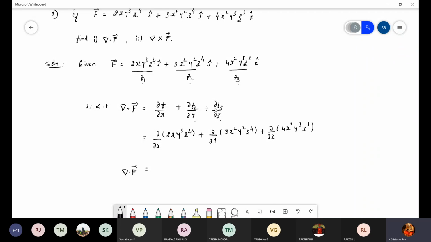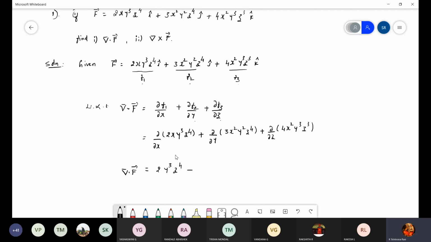With respect to x, differentiate only x, and the remaining are all constants because the terms are products. The first one gives 2y cube z power 4, since the differentiation of x with respect to x is 1.